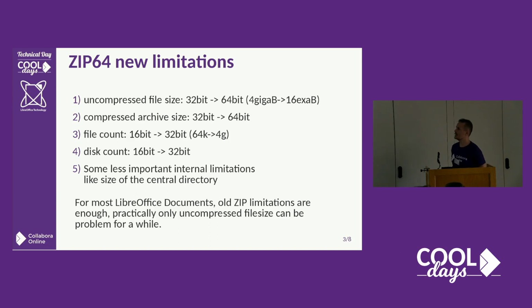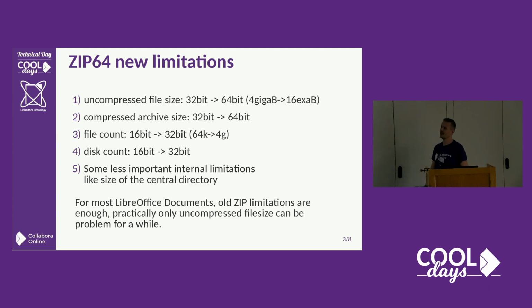There are some other limitations, but they are really not important here. So in the end, most of these limitations are not a problem for LibreOffice, except for the first. If you make a huge database in Calc, you can reach this 4 gigabyte limit. You can make a content XML bigger than 4 gigabyte.